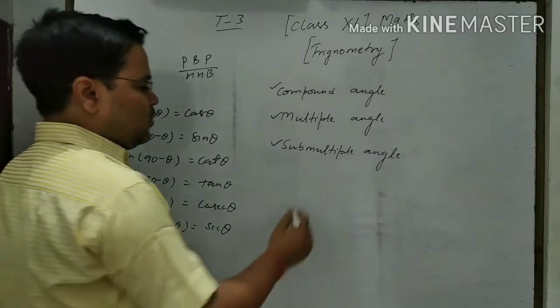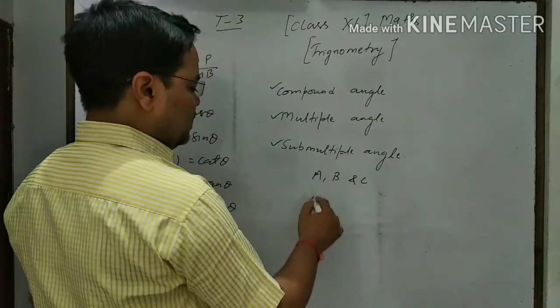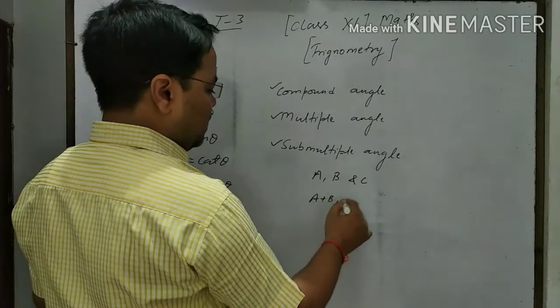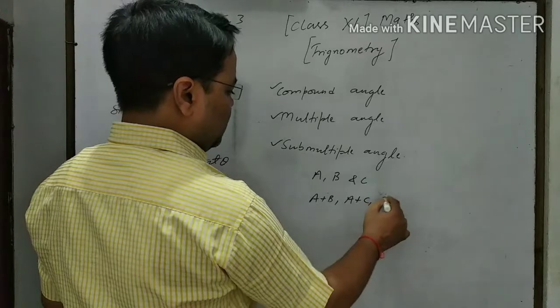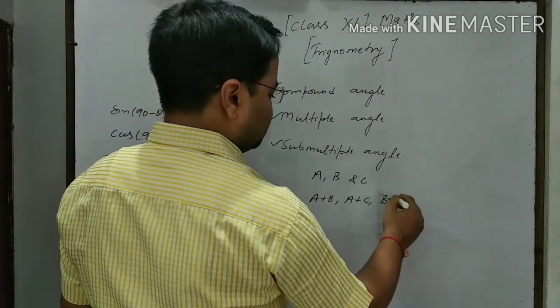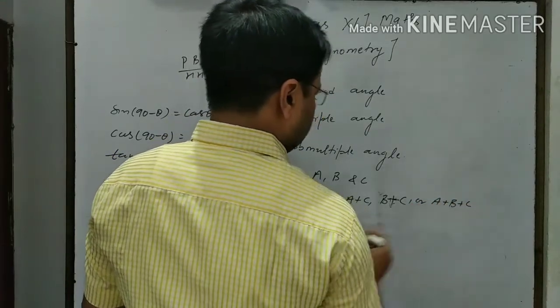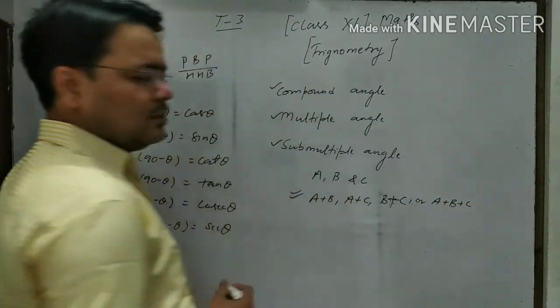Dear student, if we have angles A, B and C, then A plus B or A plus C or B plus C or A plus B plus C is called a compound angle.